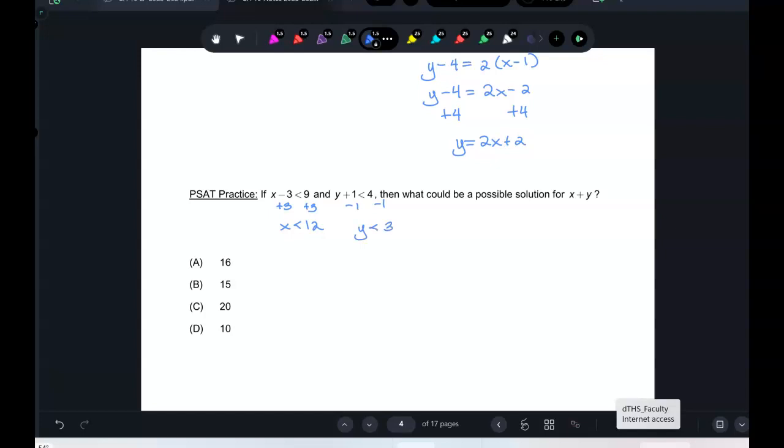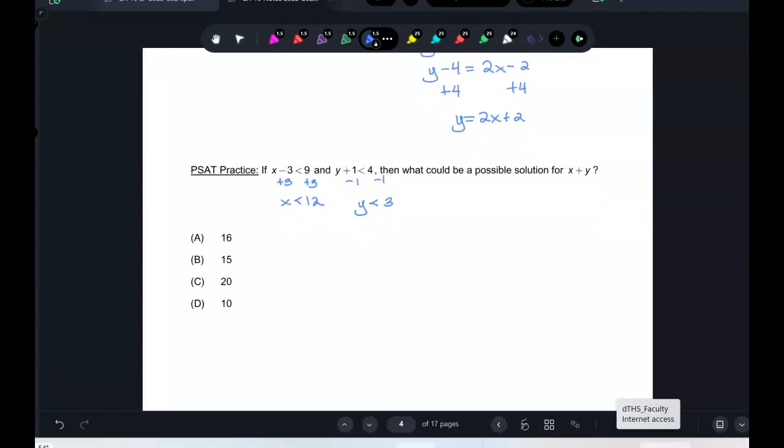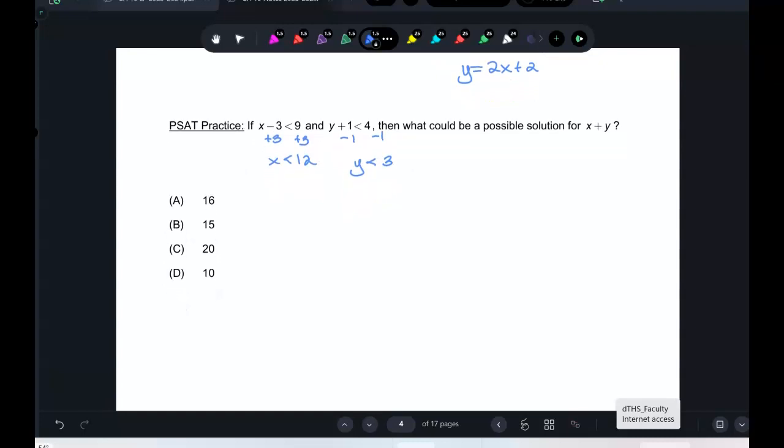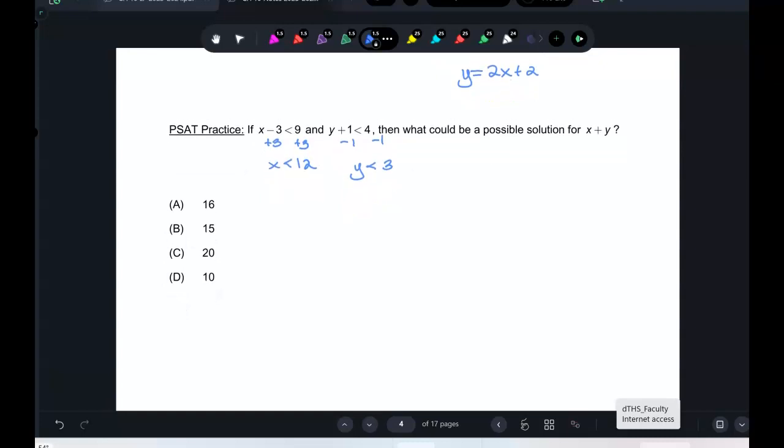And y has to be less than 3. So x plus y has to be less than 12 plus 3, which is 15. Which one of these is less than 15? D.